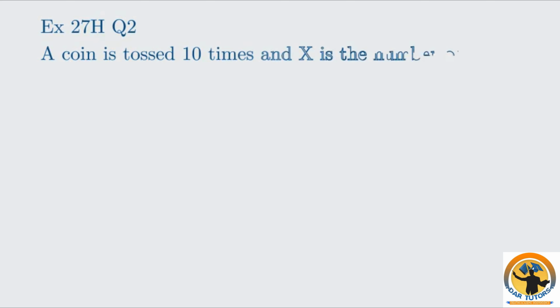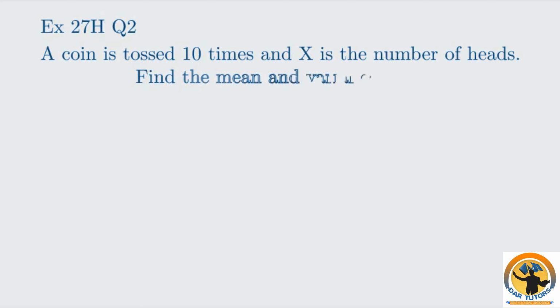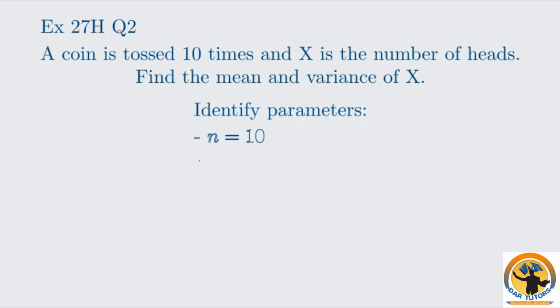Let's also look at an example from the section on mean and variance. Exercise 27H, question 2. This is a straightforward application of the mean and variance formulas. First, identify your parameters. The number of trials, n, is 10. The probability of success, p, which is getting a head on a fair coin, is 0.5. So X is distributed as B(10, 0.5).